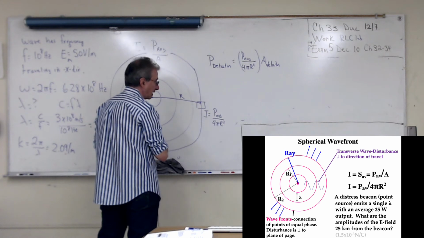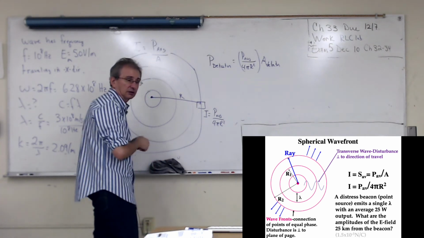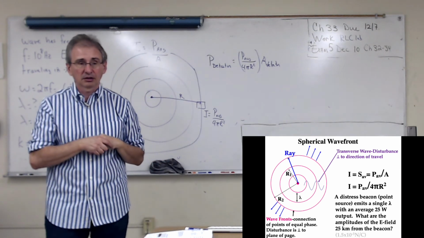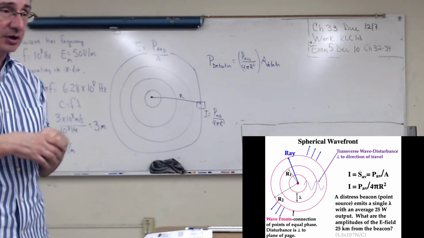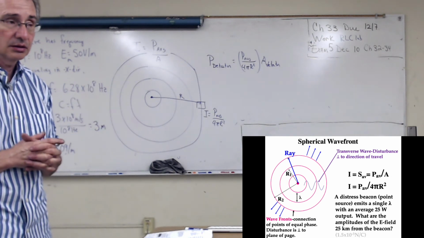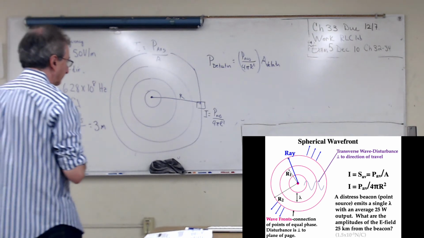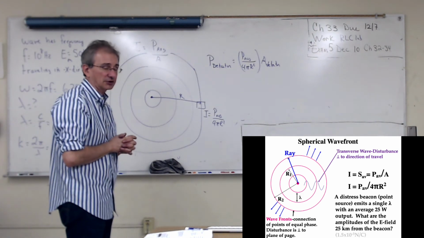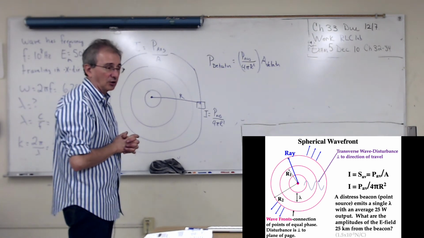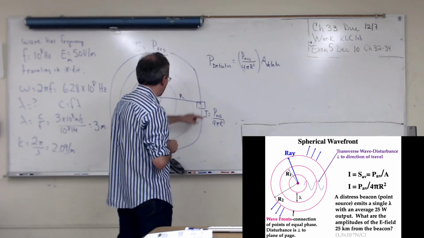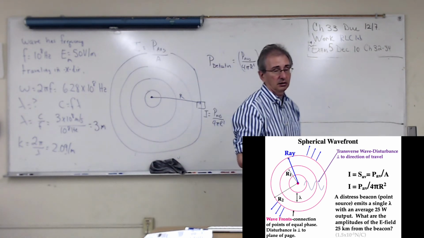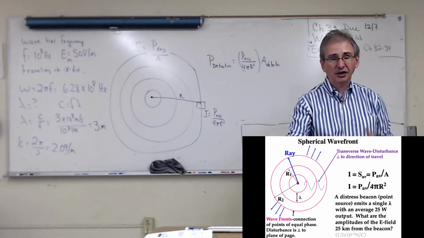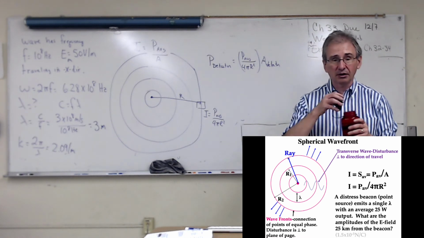The area of a sphere goes as r squared. In order for the same energy to be on the sphere, the amplitude has to decrease by 1 over r, so that you have the same energy over the whole sphere.